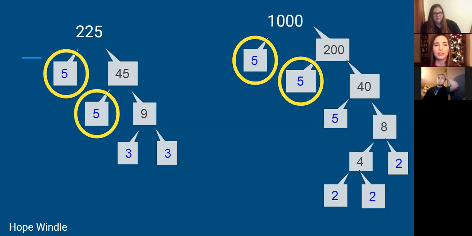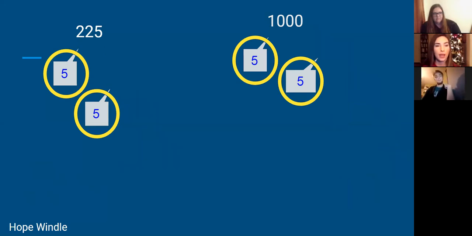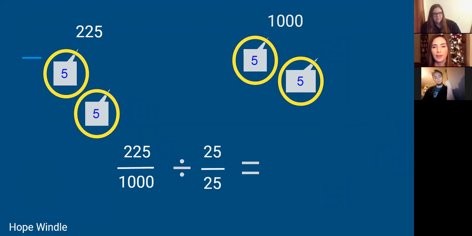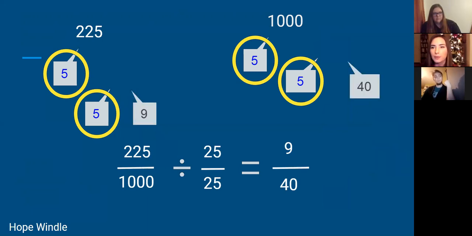We divide 225 over 1,000 by 25, and that gives us 9/40. What's left over after you take away the 25 is 9 and 40. I think that's a pretty cool trick to use if you don't know off the top of your head what number to divide by.